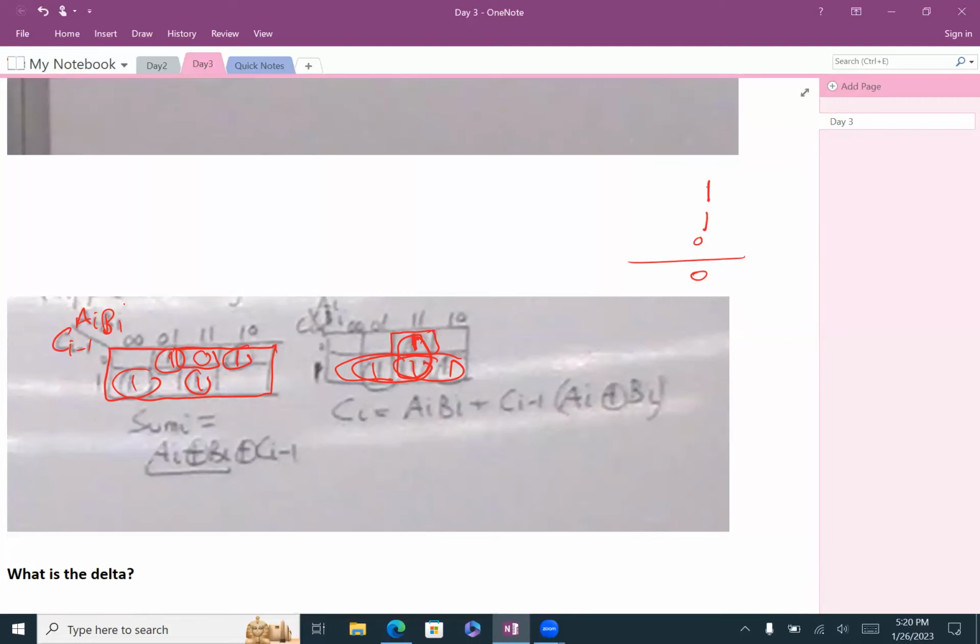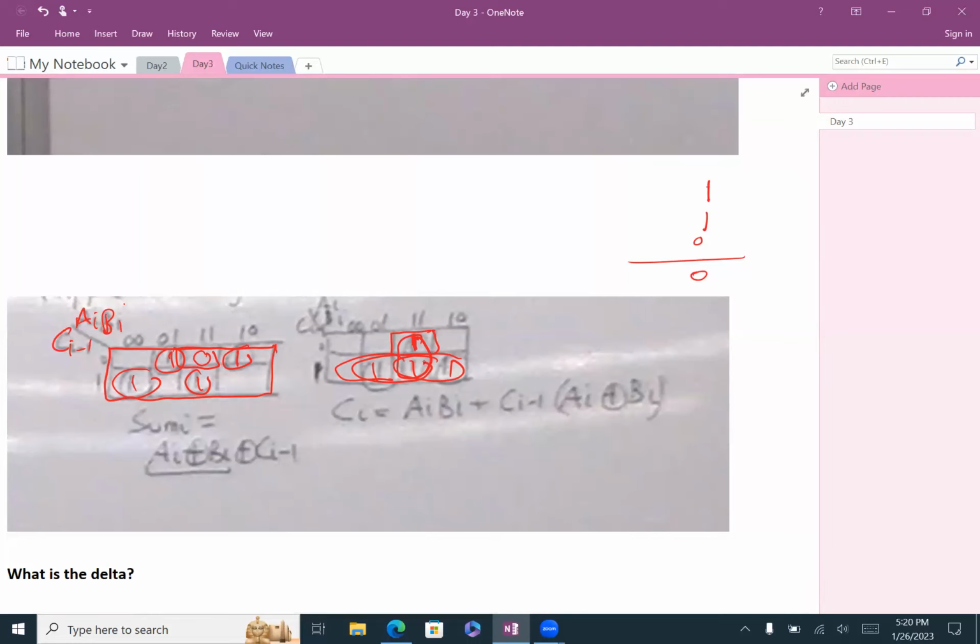Then we add AI bar BI, or AI BI bar. And this one, we call it XOR, which is AI XOR BI. That's why we have it here.